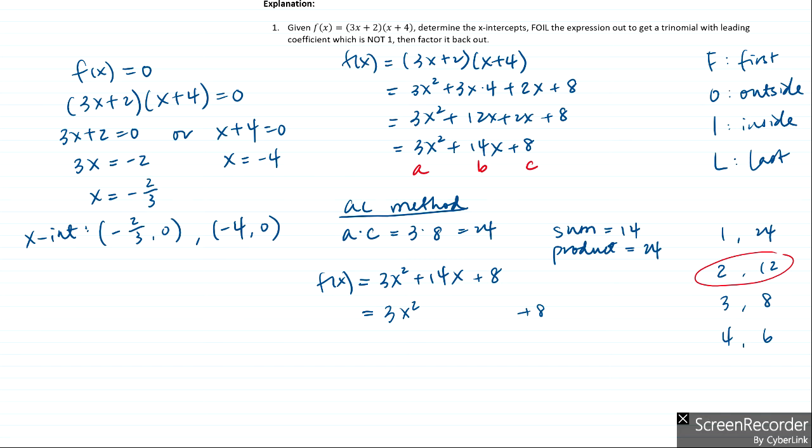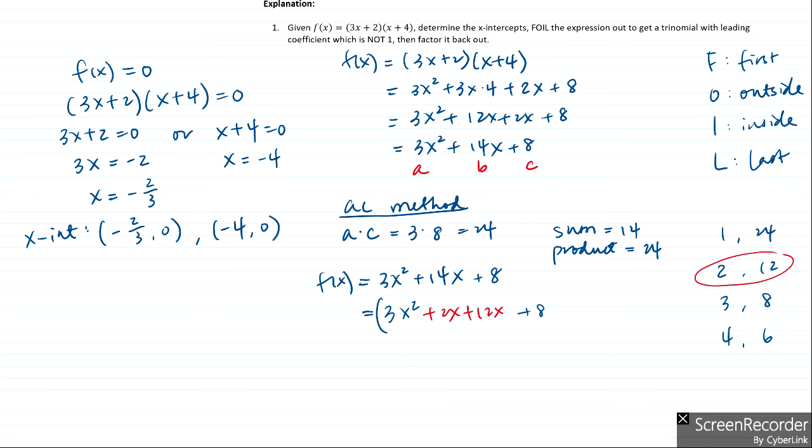And the reason we can do this is I know what two numbers would add up to 14 now, based on our process of finding the factor pair that would work. So now instead of writing 14x, I can write it as positive 2x and positive 12x over here. So once we have this form, we have 4 terms, and the goal is for us to factor by grouping, so I'm going to go ahead and group them together.